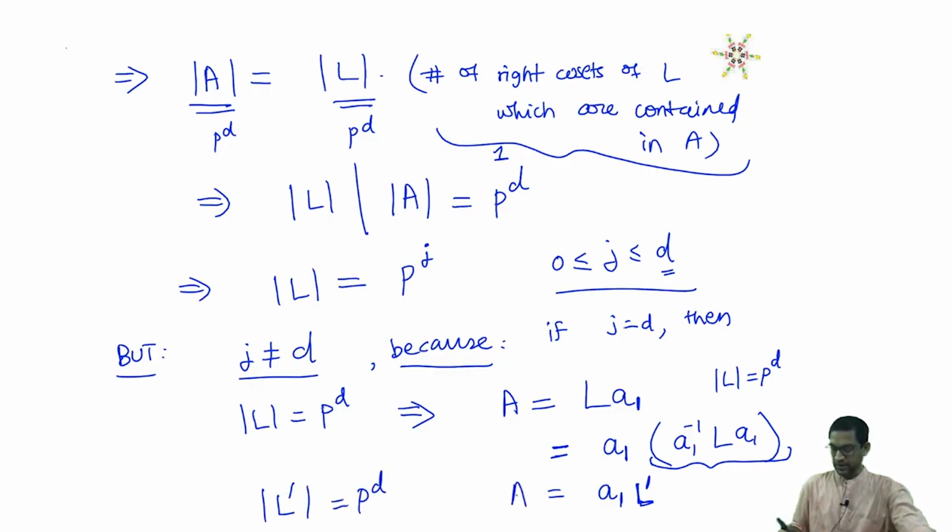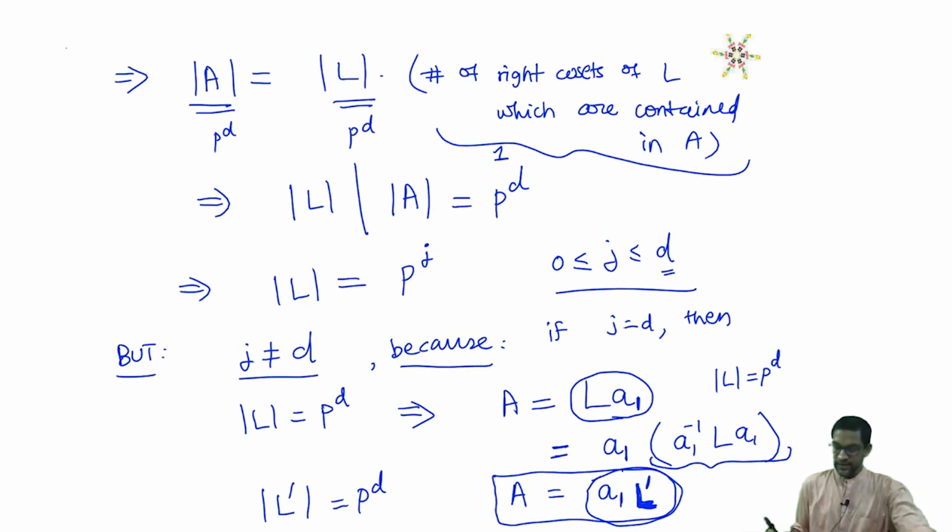So what have I finally concluded? I have concluded that my set A is therefore a left coset of a p Sylow subgroup. A conjugate of a p Sylow subgroup is a p Sylow subgroup, so the right coset of a p Sylow subgroup is also the left coset of a different p Sylow subgroup. That's all we are saying here.